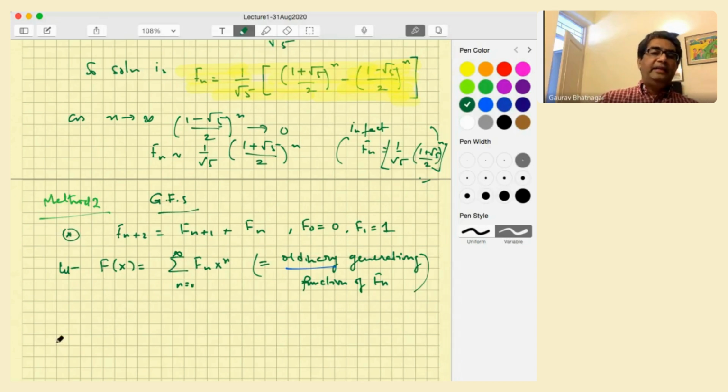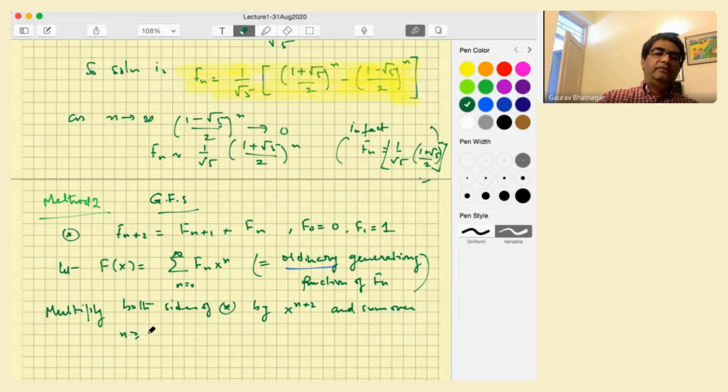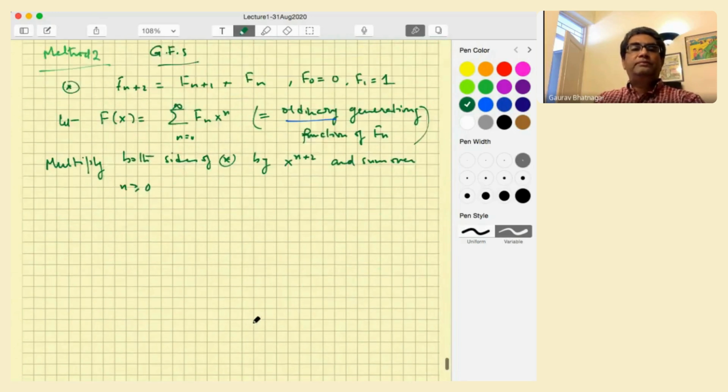Okay, and the technique is simply, as we did earlier, multiply both sides of star by x to the n plus 2 and sum over n going from 0.